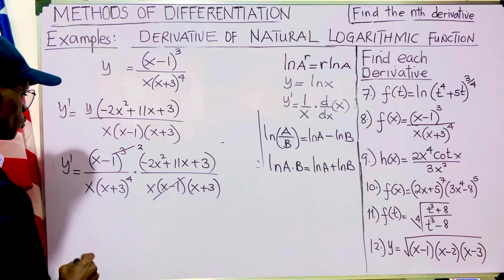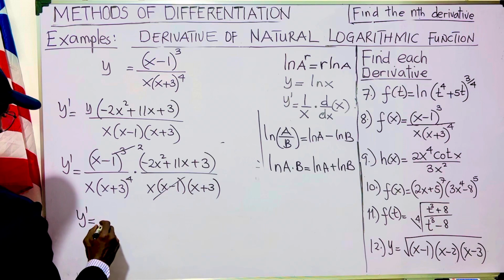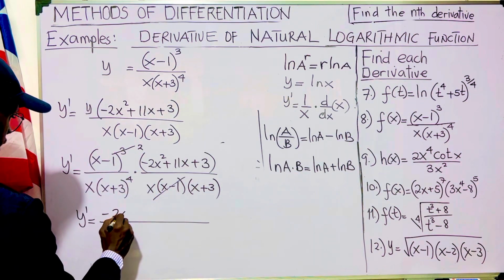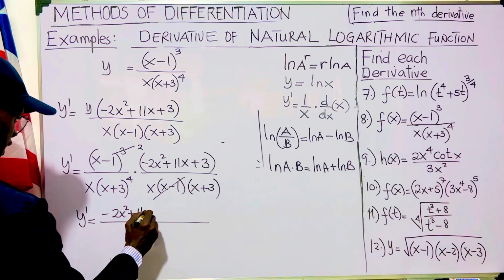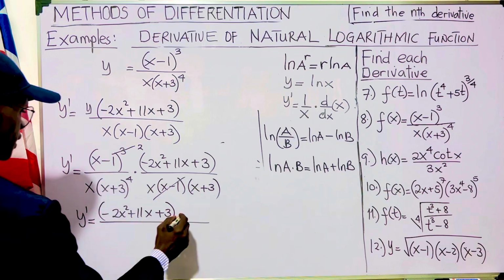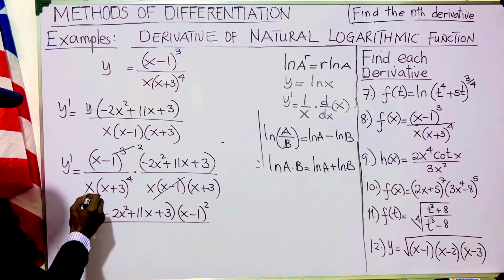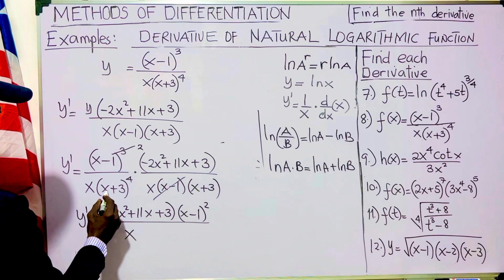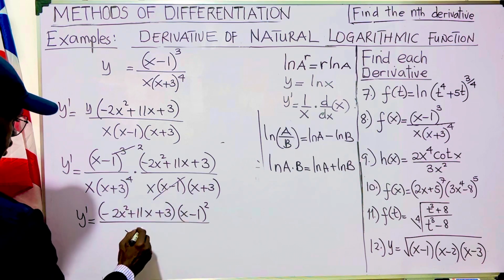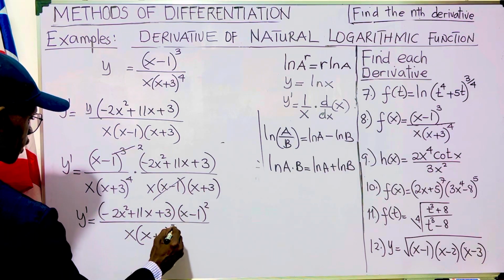We'll be left with 2. So we can have y prime now to be, in this numerator, we have minus 2x squared plus 11x plus 3 times x minus 1 raised to the second power divided by x. Now this x plus 3 and x times x plus 3, we can just simplify it. So it's x plus 3 now raised to the fifth power.